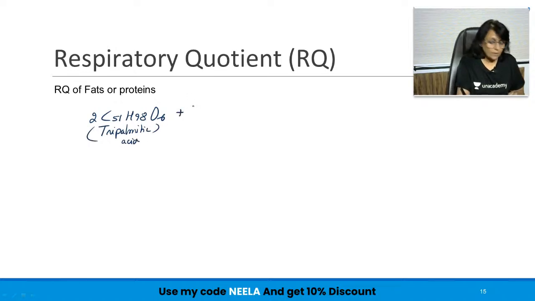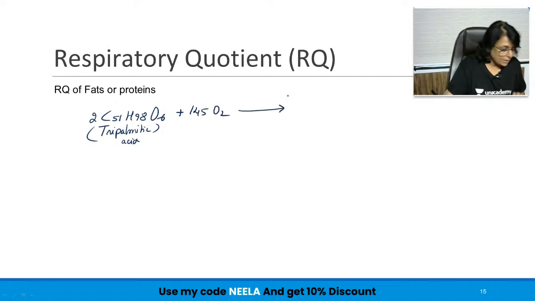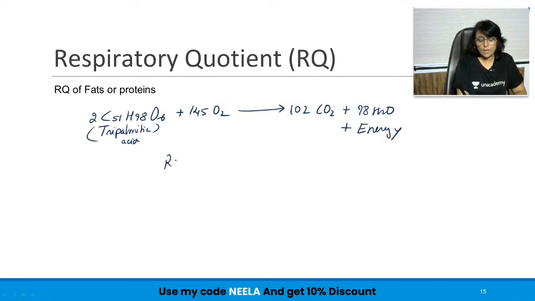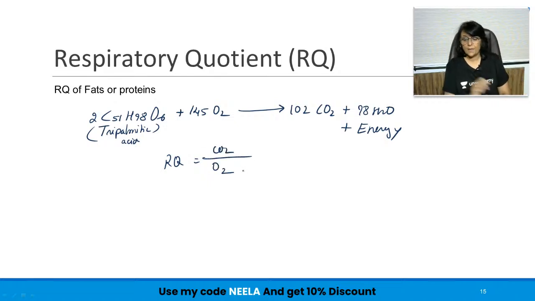It reacts with 145 oxygen molecules and you get 102 carbon dioxide molecules, 98 water molecules and energy. Okay, our formula for RQ is carbon dioxide evolved upon oxygen consumed. So it is going to be 102 upon 145.